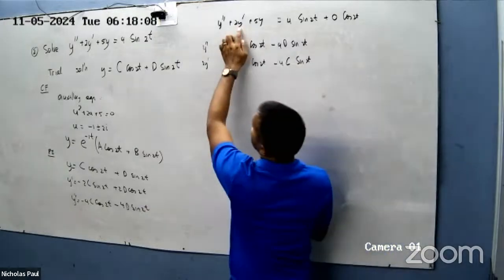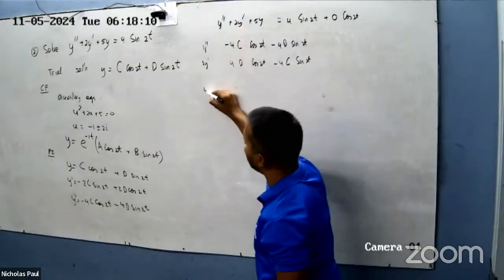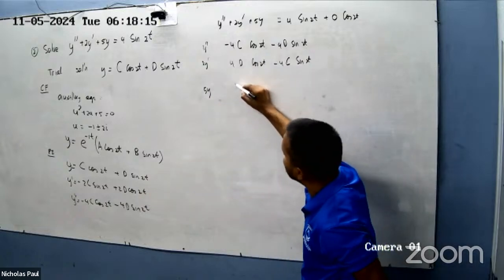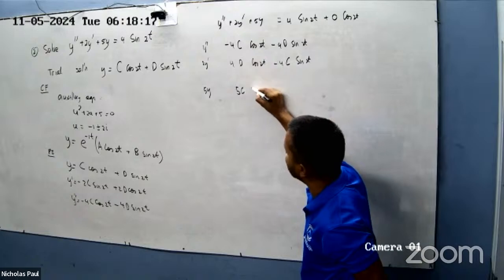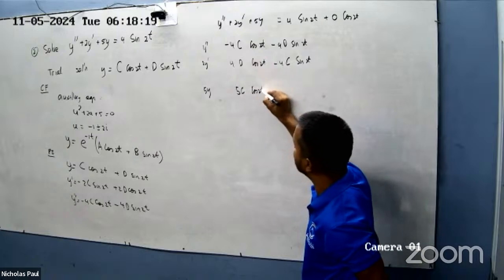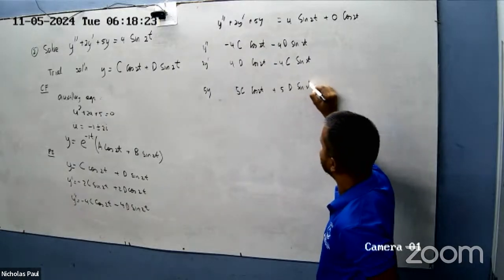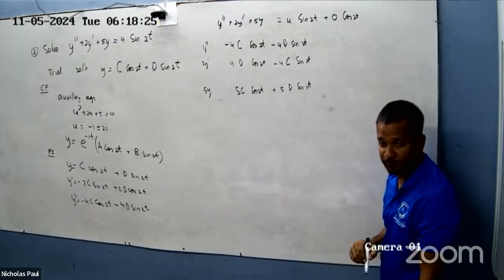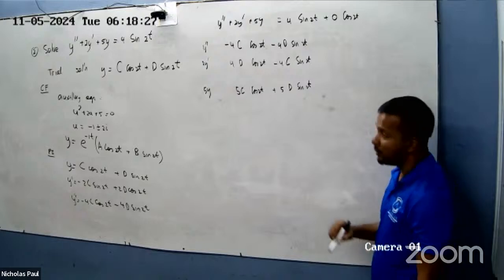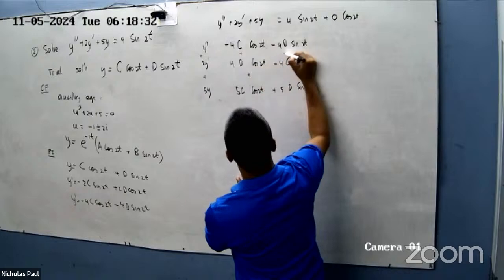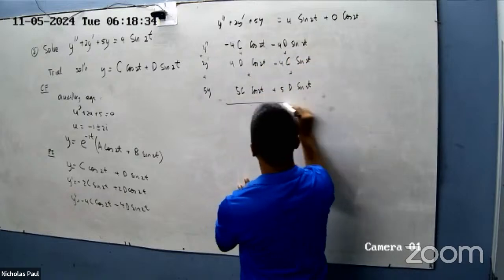Now 5y, align the cos and the sine, right? 5y will be 5c cos 2t plus 5d sine 2t. You okay with that? And now I'm going to add everything. Right?